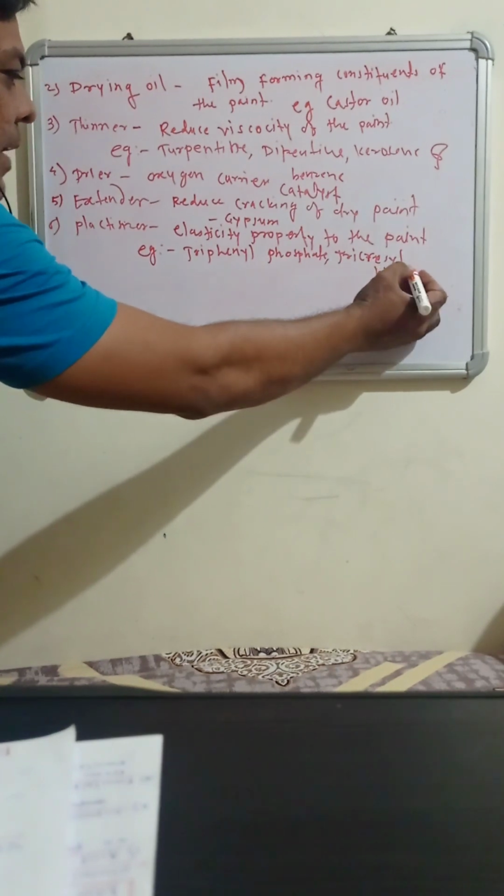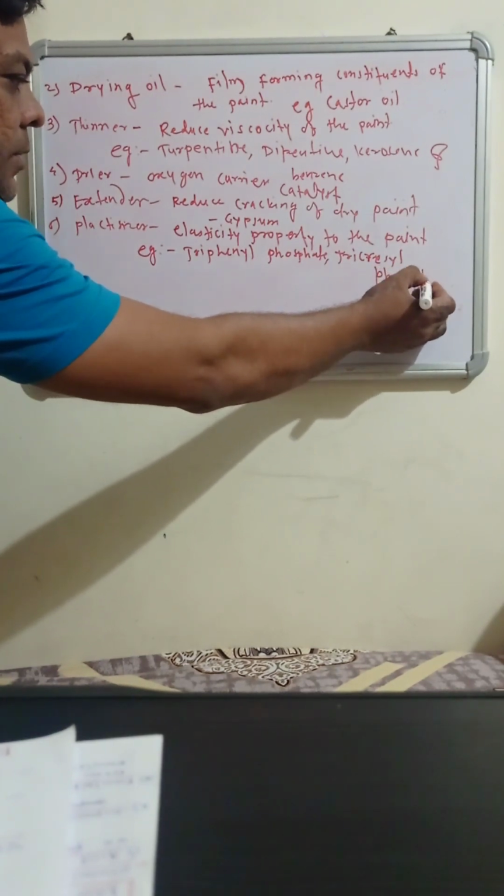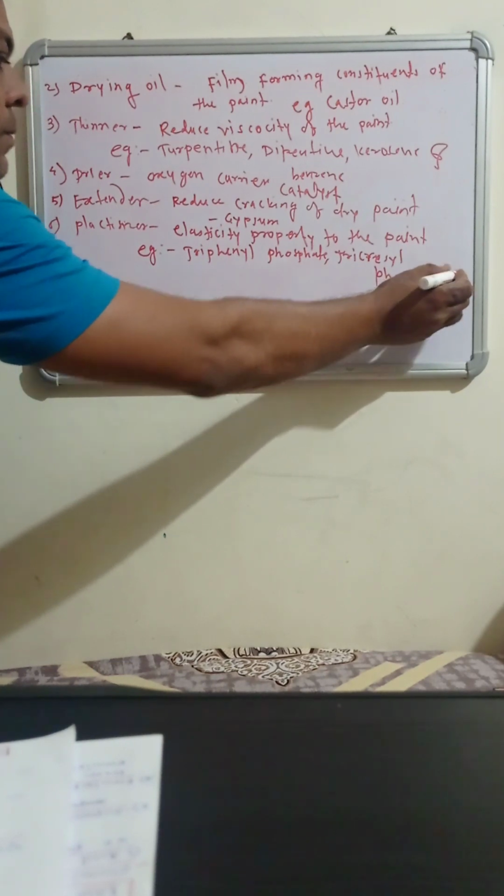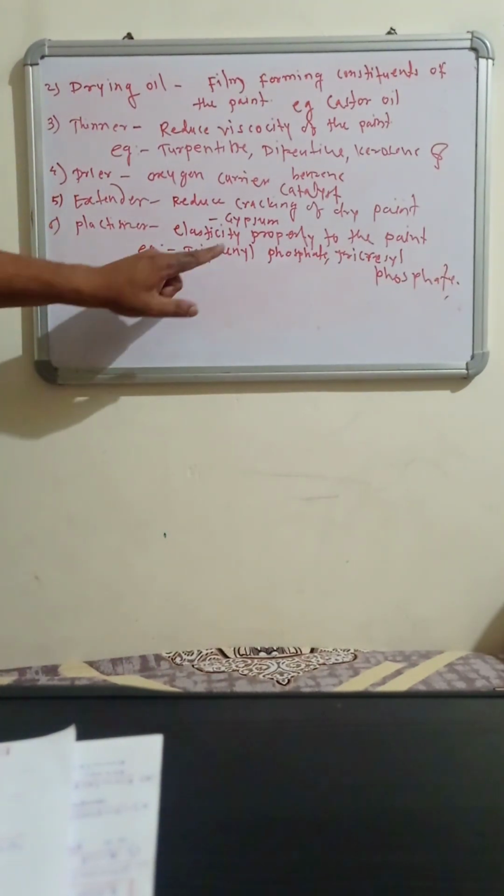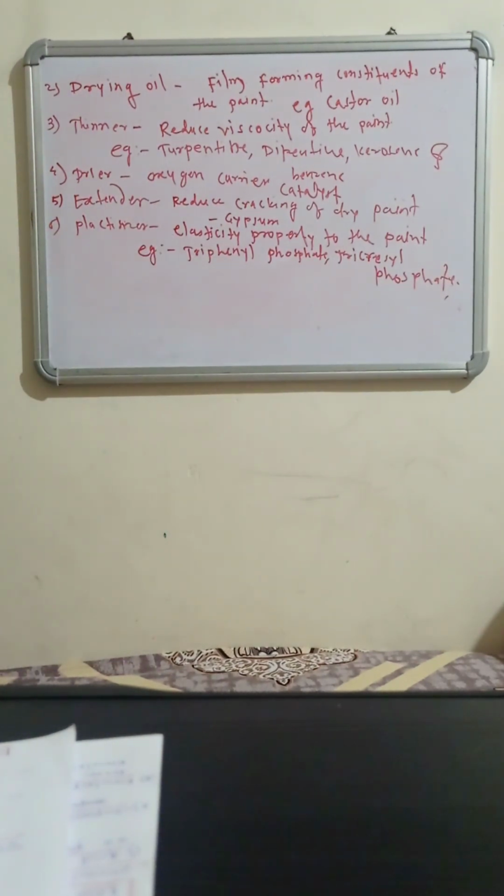These are the plasticizers which are used in the paint. One is the triphenyl phosphate and another one is tricresyl phosphate. These are the 6 constituents which are present in the paint.